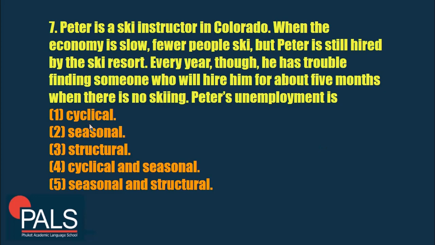Why? Peter's temporary unemployment is seasonal because according to the passage, he always has a job during ski season, even when the economy is slow. So he has difficulty finding employment only during the months when the ski slopes are not open, right? So that is seasonal.